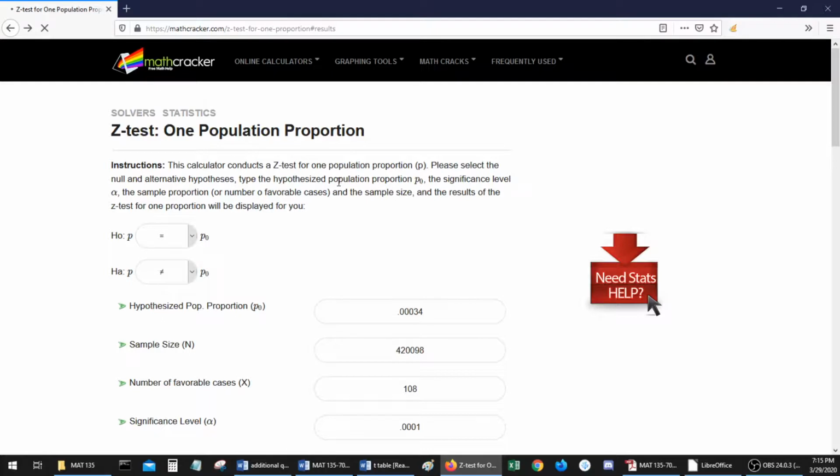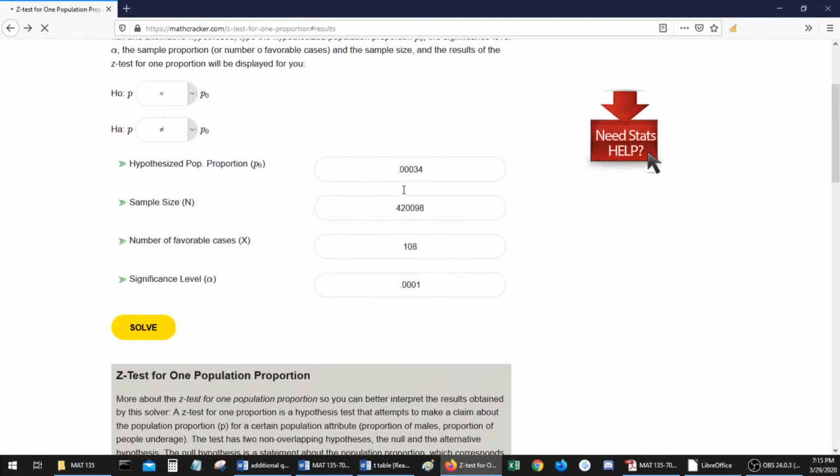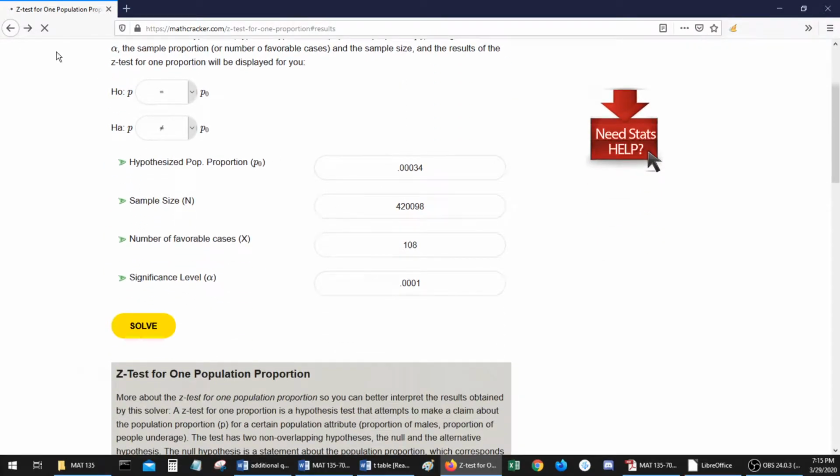Everybody needs to get off Netflix and YouTube so that we can do our statistics homework. You can see up here that it's thinking. If for some reason this calculator doesn't work for you, please let me know and we'll try to figure out something that will work for you. I wonder if it's hung.